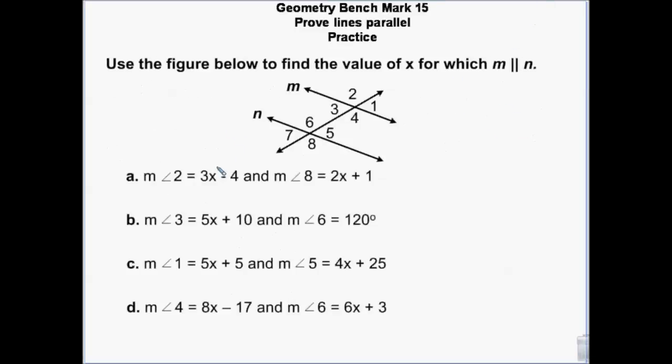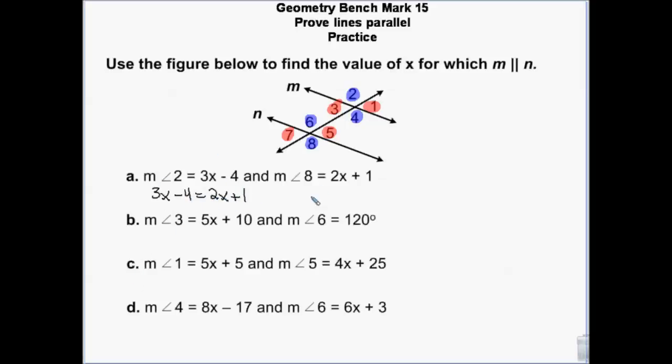So again, same idea. We've got alternating angles. So red equals red, blue equals blue, red plus blue equals 180. So I have 2 and 8. They're both blue. So 3x minus 4 will equal 2x plus 1.